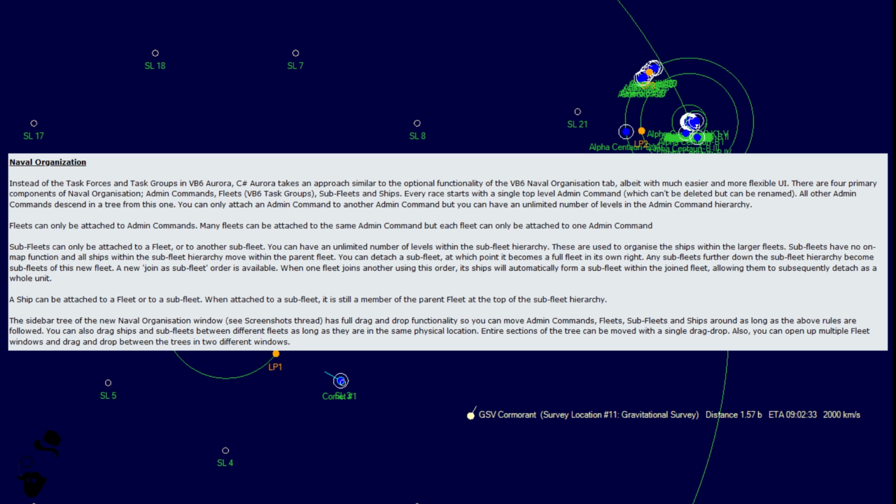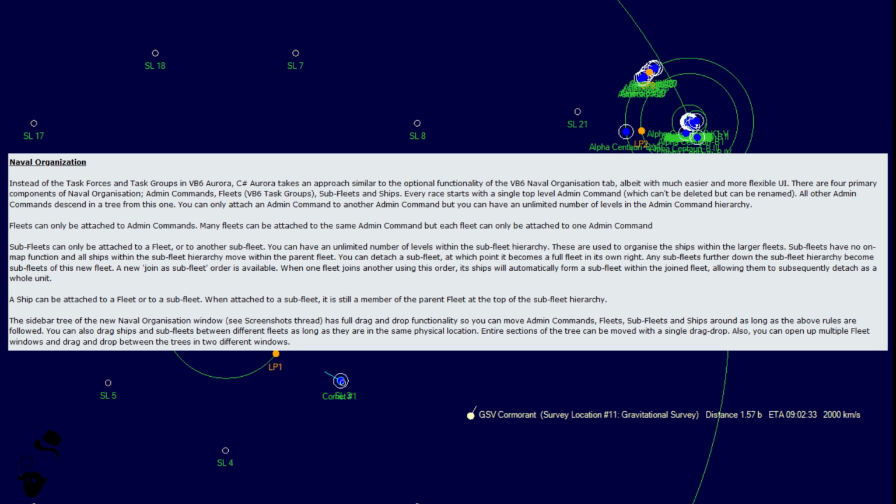You could have the tender be in number 4 while all the other survey ships are in number 1 through whatever. This will solve that because you can set the tender as the main fleet and all the other survey ships as the subfleets. And the tender will always be the main fleet, and they will always be able to rejoin a lot easier.